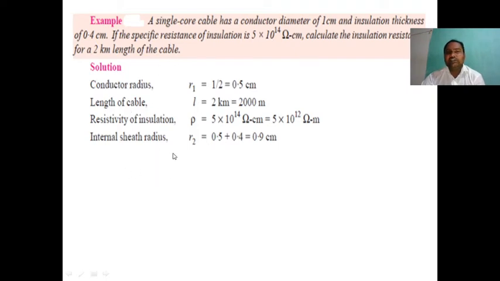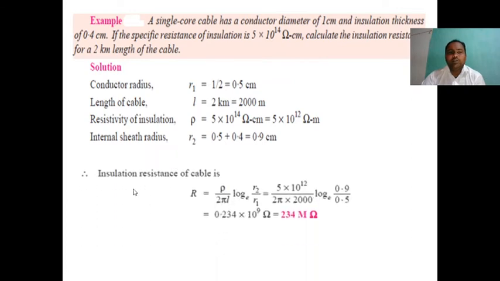The insulation resistance of the cable, capital R, is equal to rho by 2 pi l log base e R2 by R1. Substitute all the values in the basic formula, we get 234 mega ohms. Normally the cable resistance must be in mega ohms. So the insulation resistance is equal to 234 mega ohms.